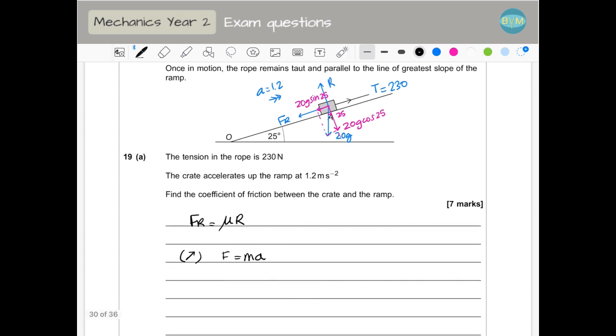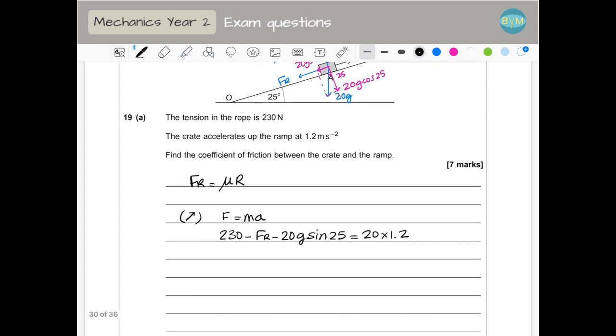So the tension is 230, minus the friction, minus 20g sin 25, which is equal to the mass, 20 kilograms, times the acceleration, 1.2. And from here we find the friction. So the friction is going to be 230 minus 20g sin 25 minus 20 times 1.2.